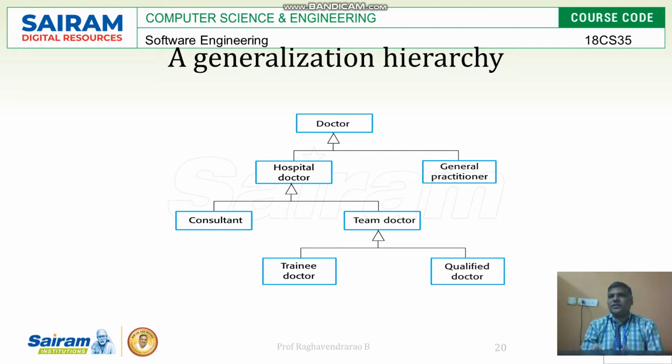So the doctor is the main person, we can say the name of the doctor. Under this doctor, there are so many people. We can generalize it. It is not restricted. It is the generalized format of the doctor's history.